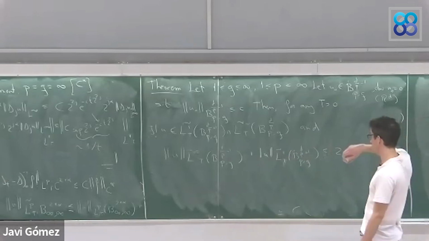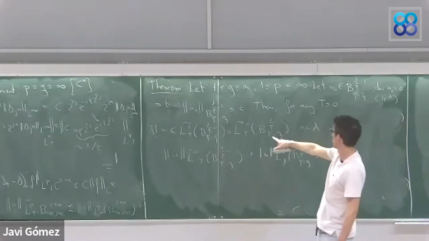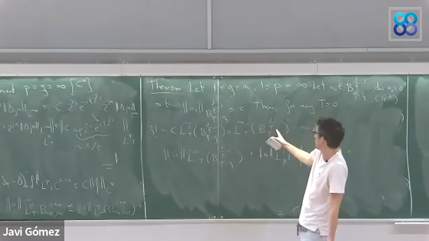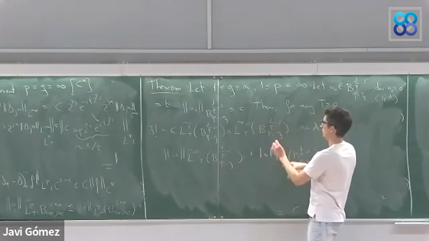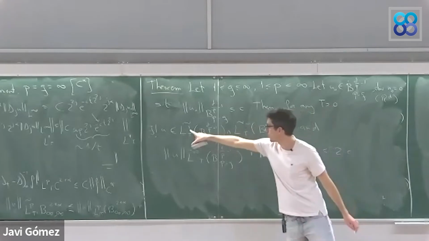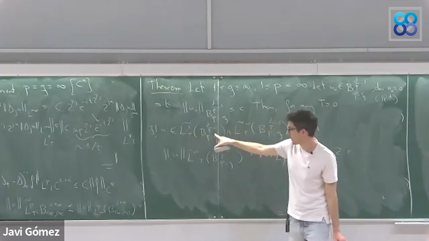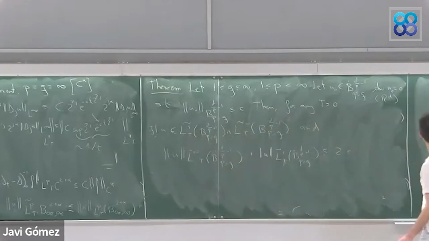Okay, yeah. So, as I said, in L infinity time, we don't gain any regularity. In L1 time, we gain two derivatives. Another proof of this, I just write again the lemma that I wrote in the last lecture. This will be based on the fixed point argument.